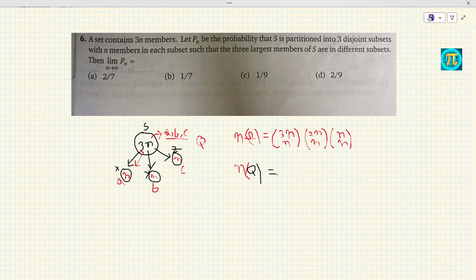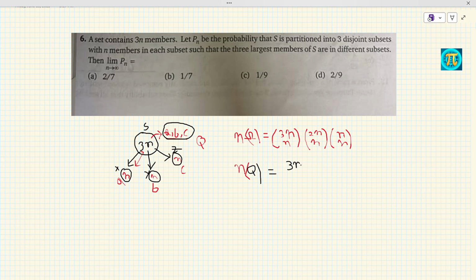Now in the set of 3n, we are already taking the three largest numbers of this set, that is A, B and C. So to arrange this, we have already taken the three largest numbers out of the 3n members of this set.